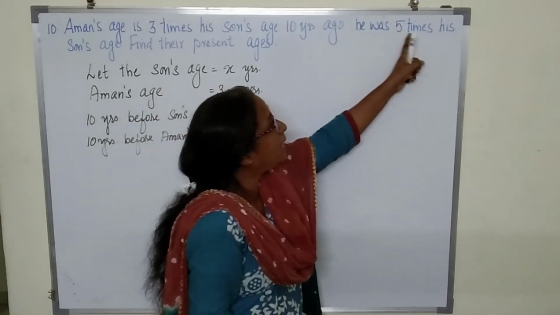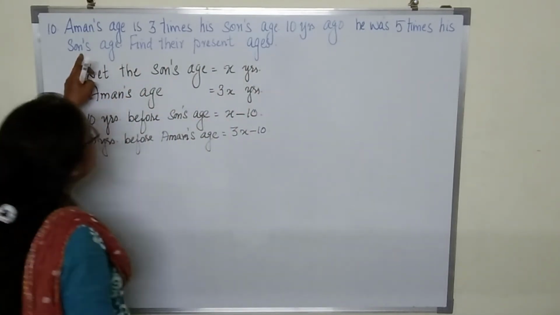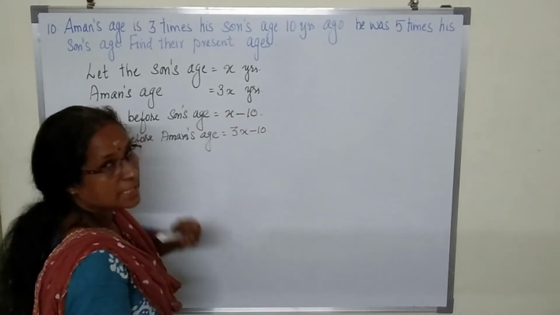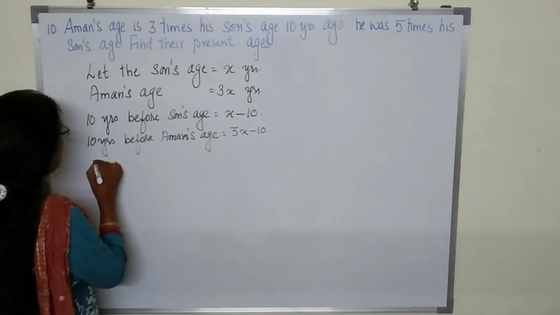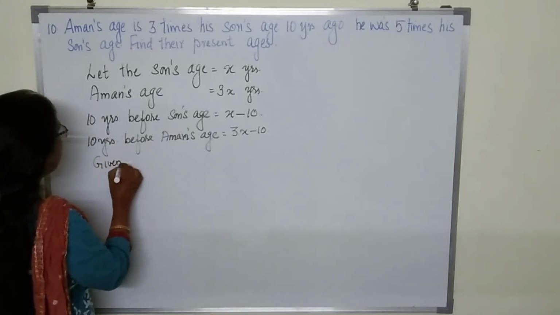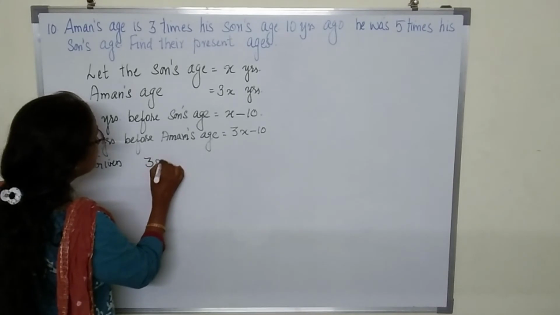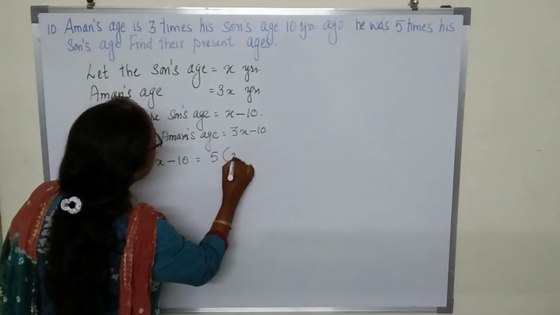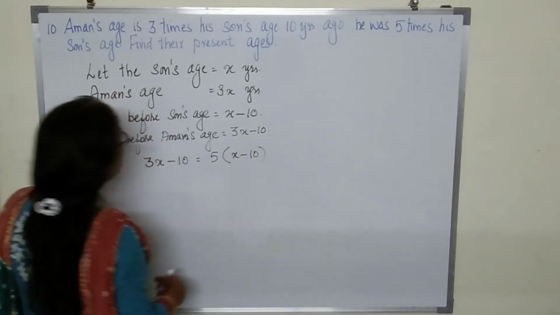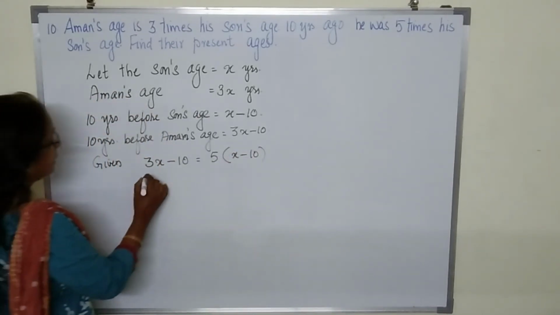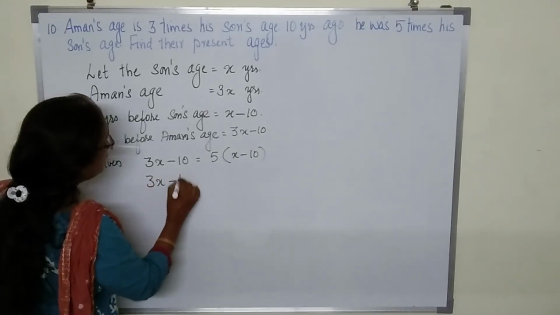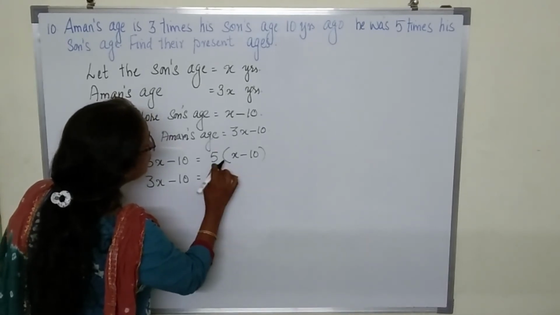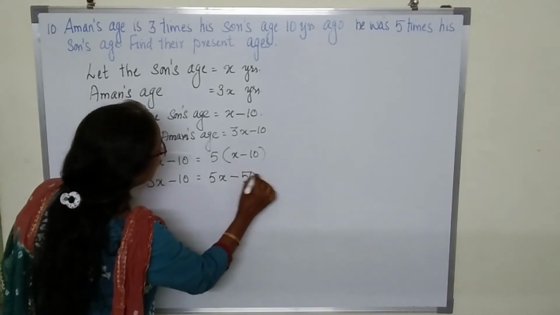Now, there is a relation. He was 5 times his son's age. That is, Aman was 5 times his son's age. So what is given in the question? 3x minus 10 is equal to 5 multiplied by (x minus 10). Now, solve the equation. 3x minus 10 is equal to 5x minus 50, 5 tens are 50.